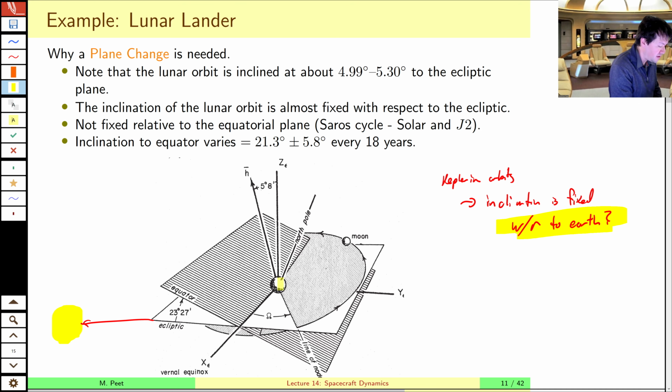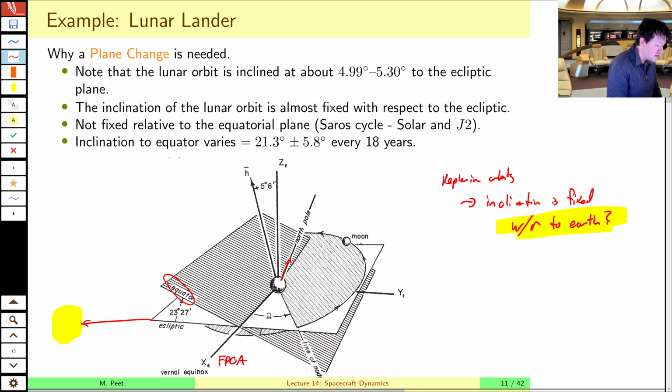So, okay, here's the geometry. Here's the Earth. You have your equatorial plane here. You have your ecliptic plane. Here's the first point of Aries. There's the North Pole. And here's the lunar orbit.